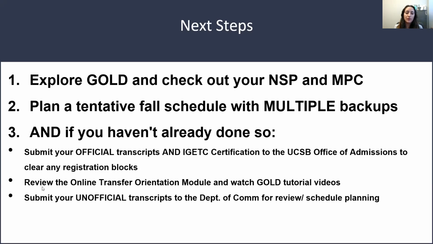And then also review the online transfer orientation module again and again, and watch the Gold tutorial videos to really make sure that you're prepared and ready to enroll when the time comes. And then submit your unofficial transcripts to the Comm department for review and help with schedule planning if you have not already done so.